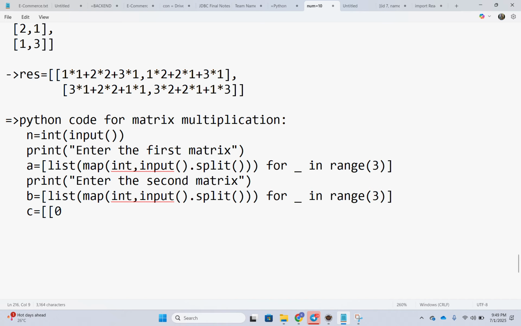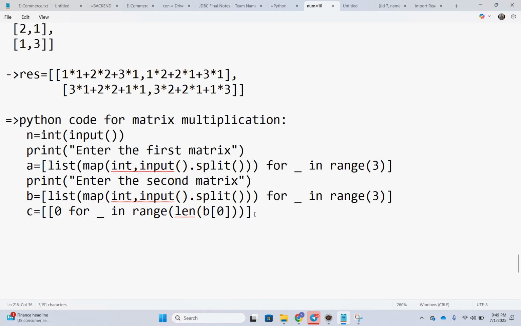So for the first, I'm writing 0, 0 for underscore in range of length of b of 0. I'm considering matrix b. I'm just closing this first list like this.